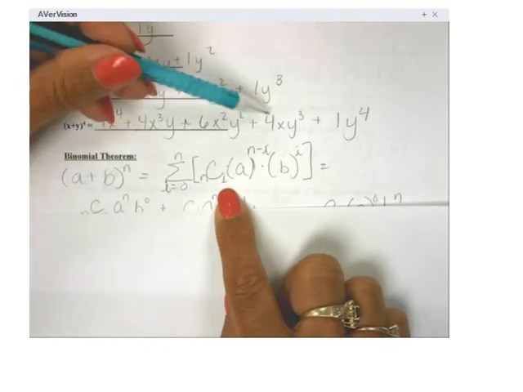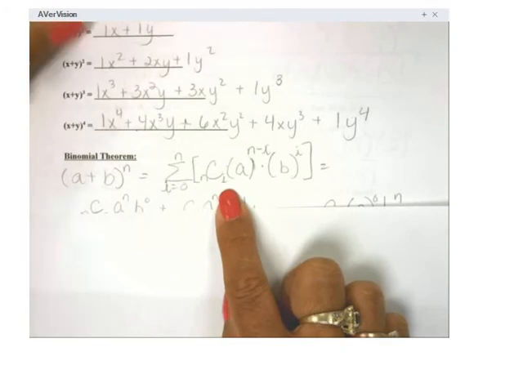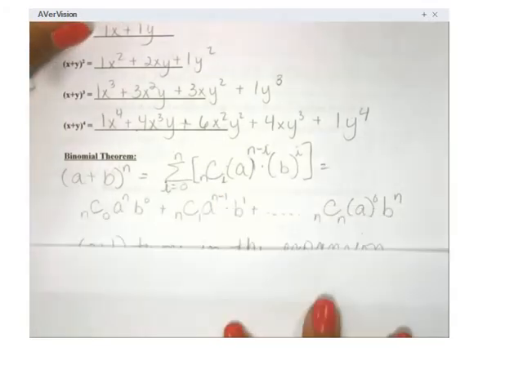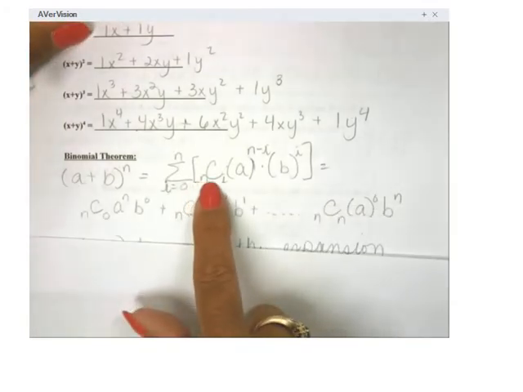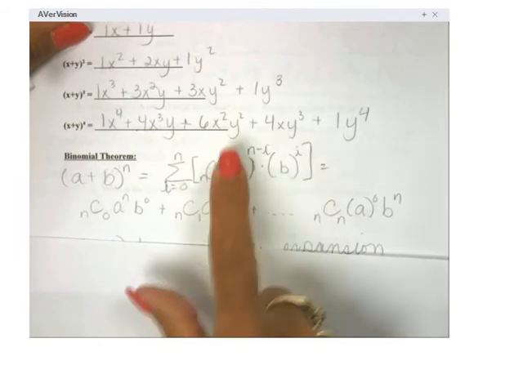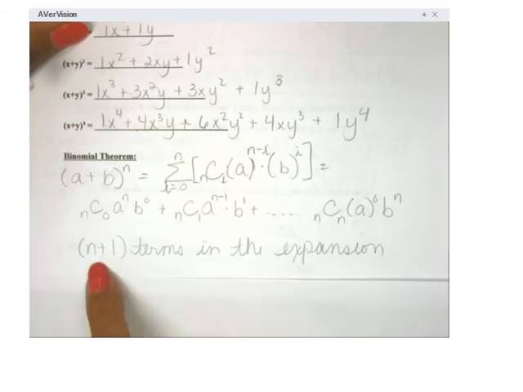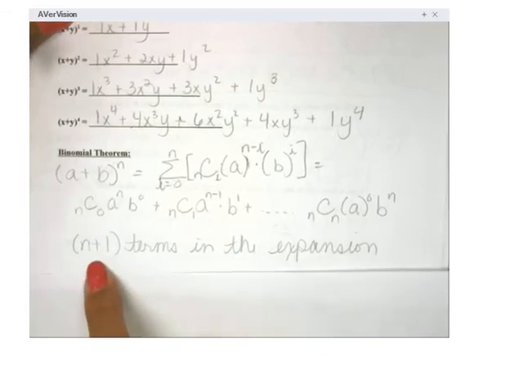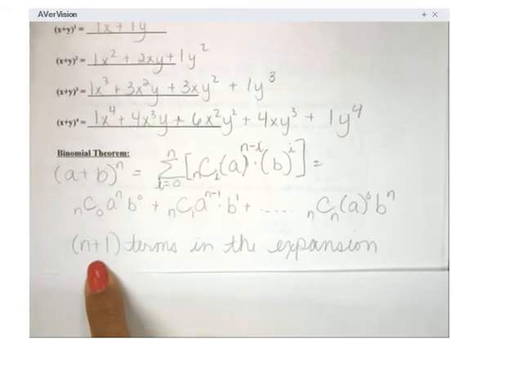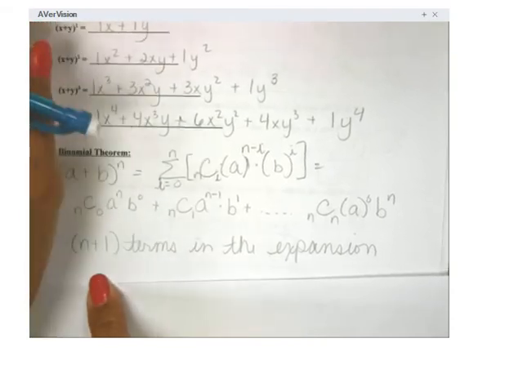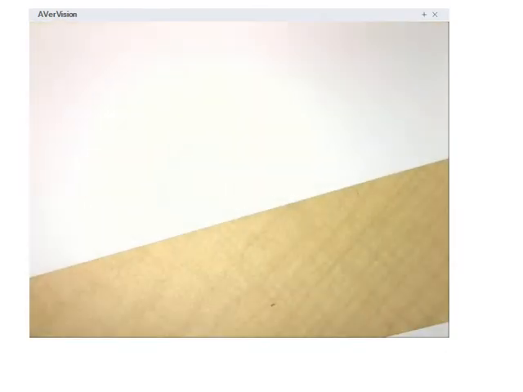It's going to be a combination of n choose, varying from n choose 0 to n choose 1 to n choose 2 to n choose 3, n choose 4, etc. All right, so we always have a combination of three things to make up each of our terms. There will also be n plus 1 terms in our expansion. And this will be most easily done by going to an example and then looking back at the formula. So let's flip the page.